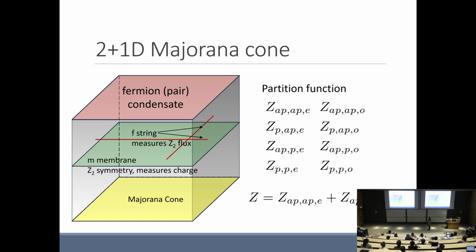And the other part has to do with how we put together the partition function to get a modular invariant partition function. So here, for this free fermion system, from the sandwich structure, we see that there are 8 sectors, given the 8 sectors measured by these logical operators. And if we have a top boundary that's a fermion condensate, we put these 2 parts together. This is the usual fermion partition function.